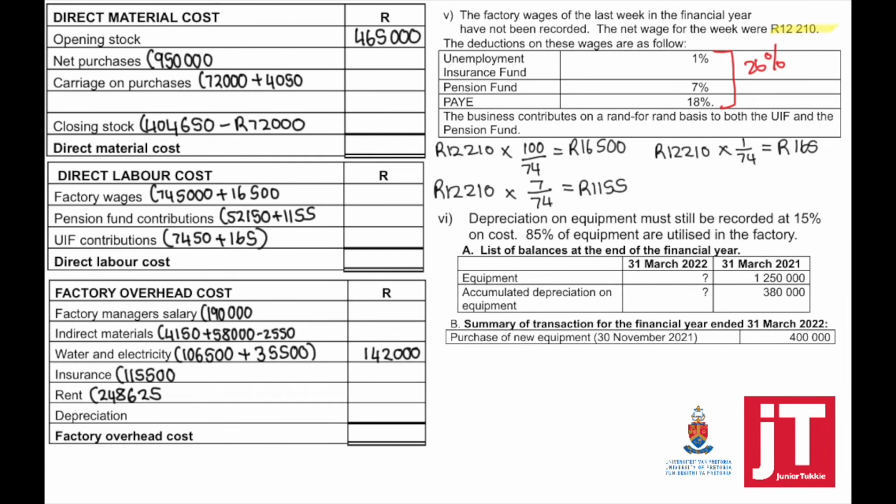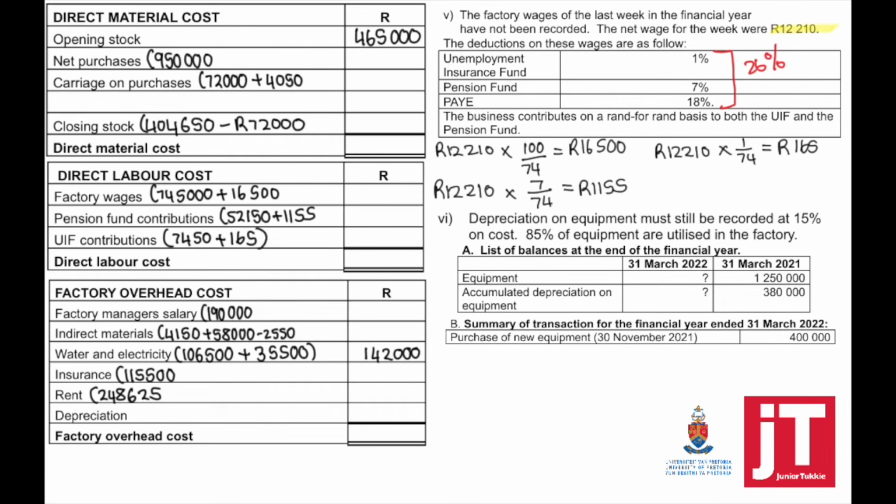Depreciation on equipment must still be recorded at 15% on cost. 85% of the equipment is utilized in the factory. So they provided us with the equipment balance in the beginning and accumulated depreciation on equipment. New equipment was purchased on 30 November 2021.